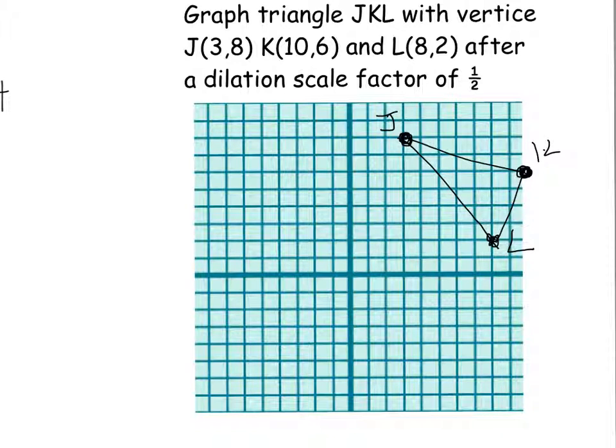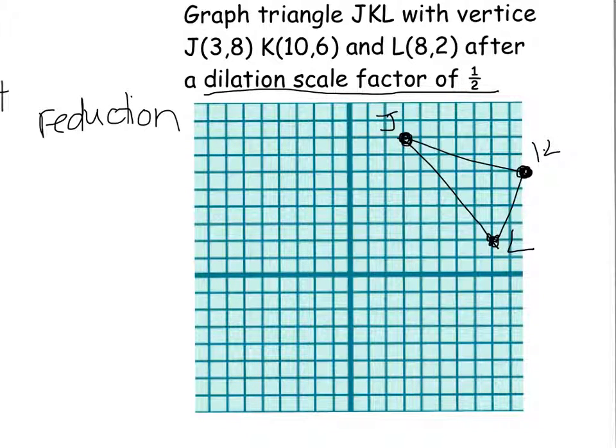So this time the dilation scale factor is a half. I am going to be multiplying all my coordinates by a half, or taking half of each, and this is going to be a reduction because my scale factor is less than 1. So now I'm going to be getting smaller.